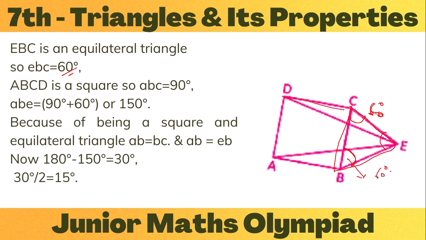And ABCD is a square, so each angle will be a right angle. So this ABC will become 90 degrees. So in triangle ABE, we got the measurement of angle B, which is 90 plus 60, equal to 150.